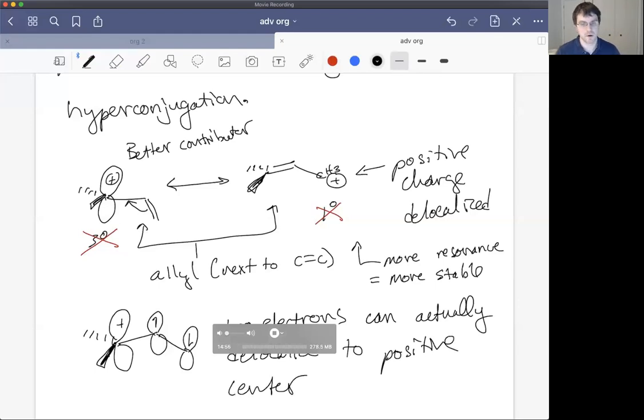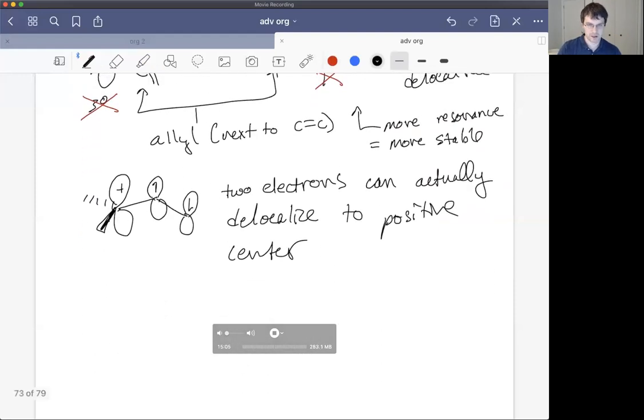Okay, so now what we're going to do is consider what happens if we've got positive charges on pi systems that are in conjugation with heteroatoms.